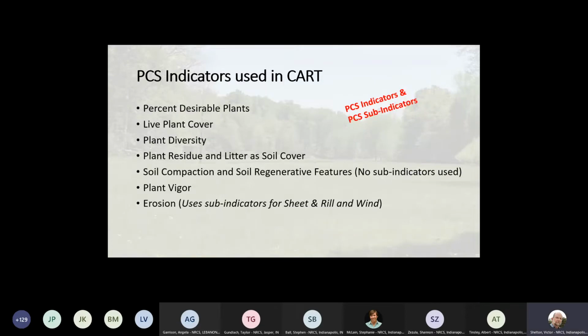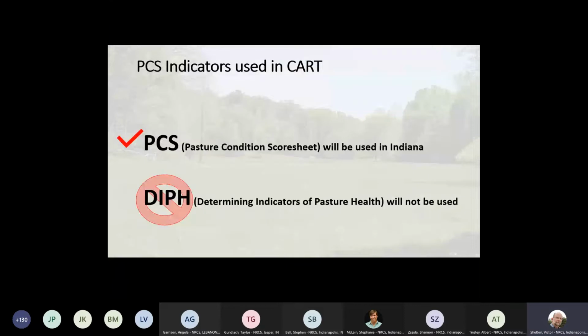We've mentioned it two or three times this week already. Pasture condition score sheet indicators are used in CART. There's 7 of them that are used. Some are the main indicators and some are sub-indicators, and we'll talk about that as we go through this today. Just to make sure everybody is clear, here in Indiana, we will be using the pasture condition score sheet.